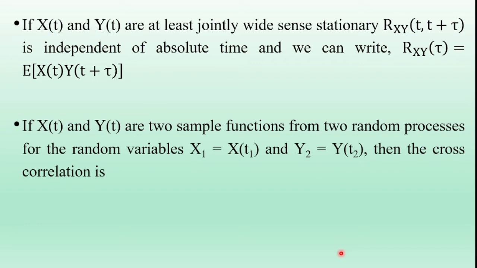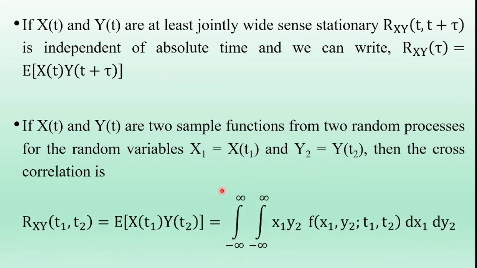If x(t) and y(t) are two sample functions from the two random processes x(t) and y(t), then for the random variables x1 equal to x(t1) and y2 equal to y(t2), the cross correlation function is Rxy(t1, t2) is equal to the expectation of x(t1) into y(t2).